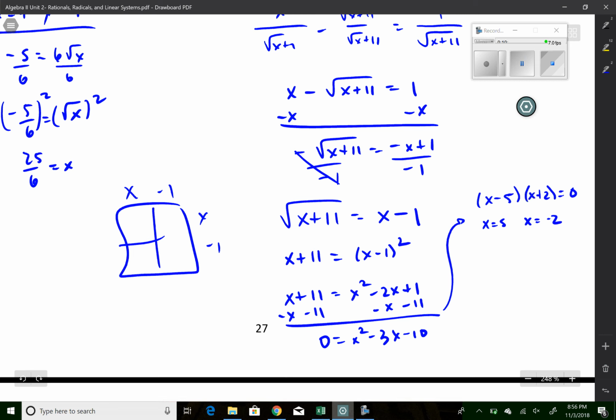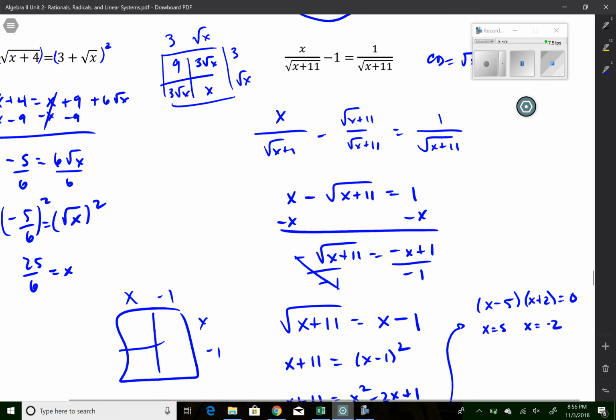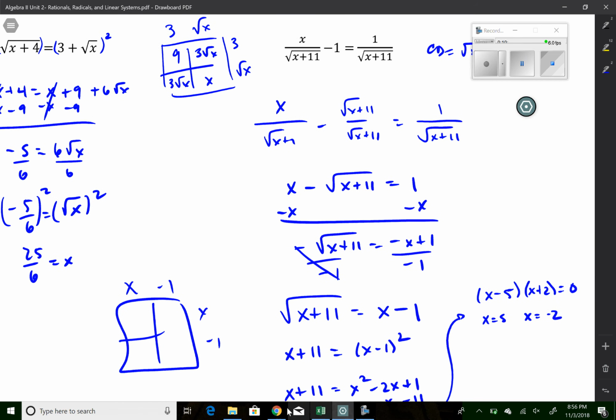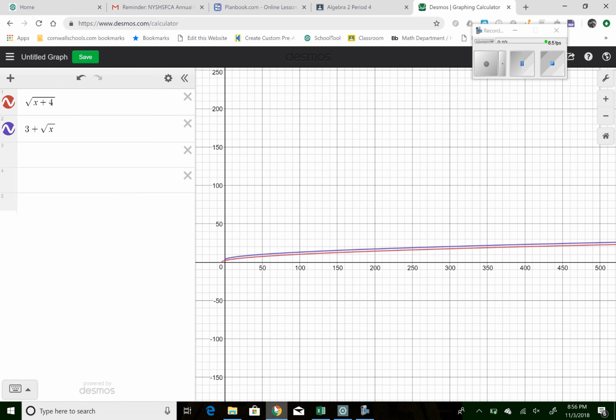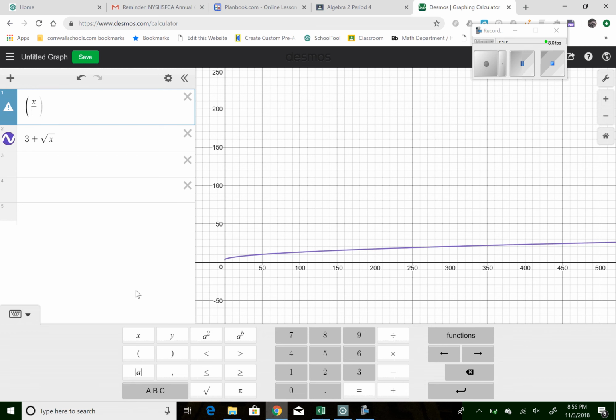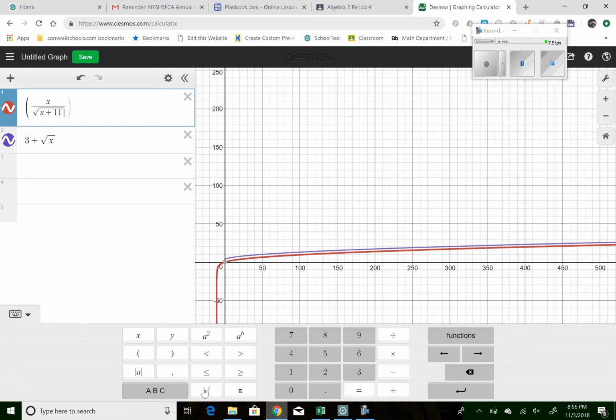Again, just like we've been doing this entire lesson and the previous lesson, we have to check this nasty, nasty little equation. So let's graph it. So x divided by the square root of x plus 11, and then that was -1.